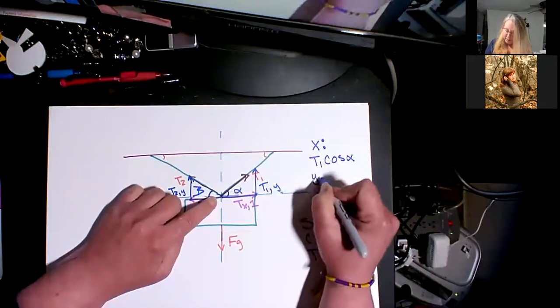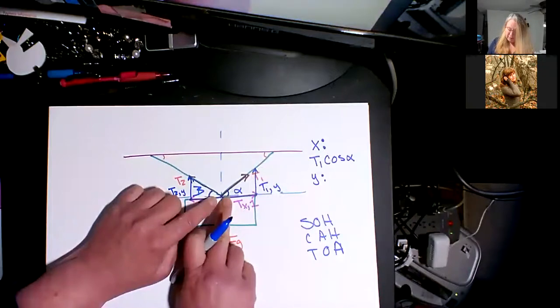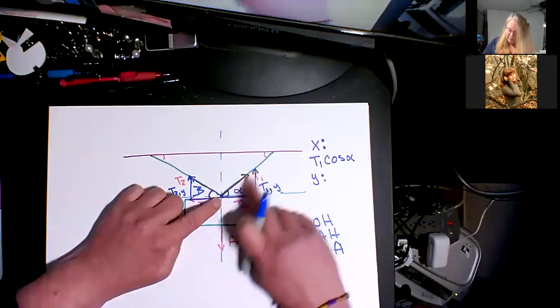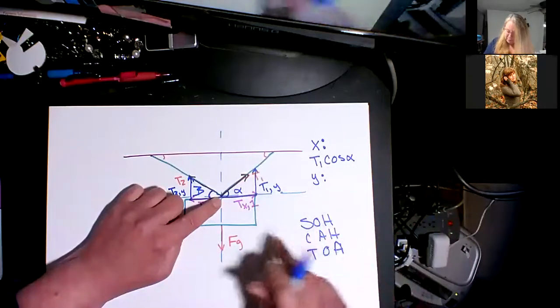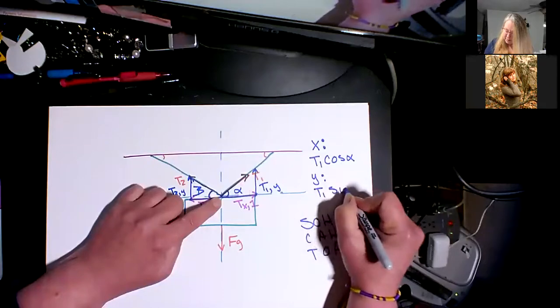And in the y, well, that's the opposite vector from this angle. It's looking out at it. So this is going to be the total force vector, tension 1, times sine of alpha.